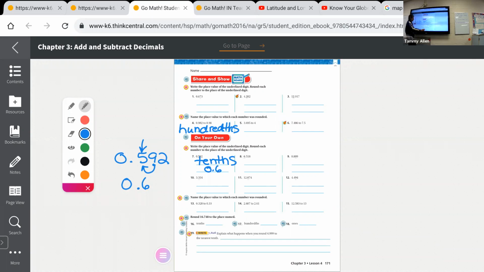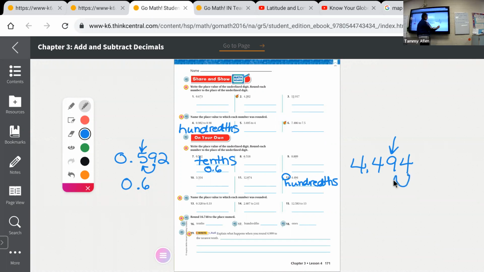Take a look at number 12. What is the place value that is underlined? Adam. Hundredths. I'm rounding to the hundredths place. The 4 is to the right.